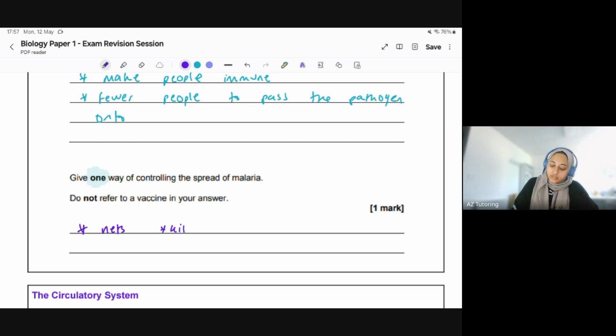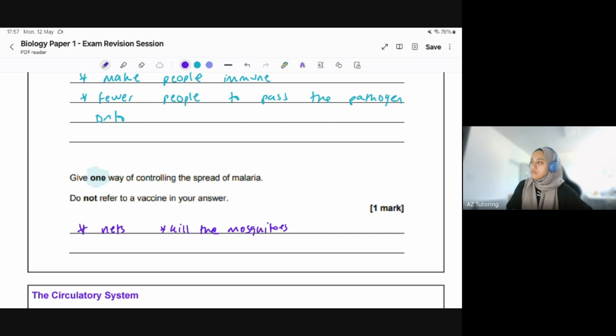You could say kill the mosquitoes, because it means they won't be a vector. We can say insecticides, because that again kills the mosquito. Anti-malaria tablets, I probably wouldn't write that, because you want to prevent it from happening.